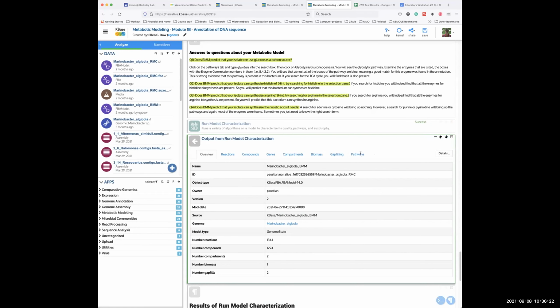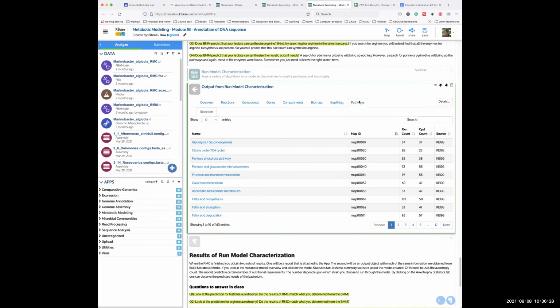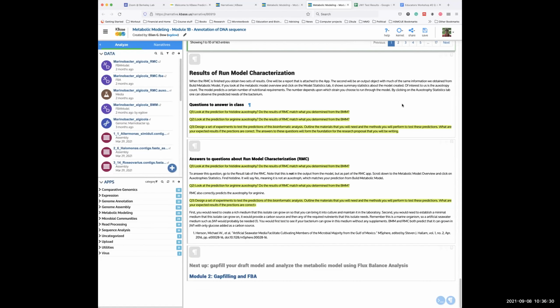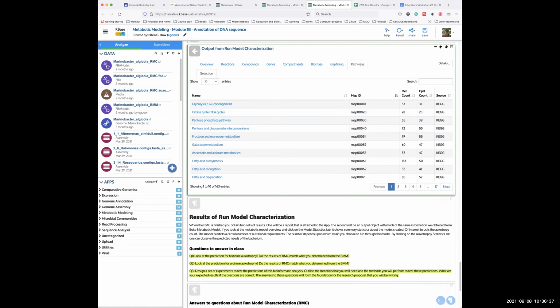it will give you predictions. I'm sorry, you get these pathways, but if you go on and use things like predict genome auxotrophies, what's the new one called? Check model mass balance.